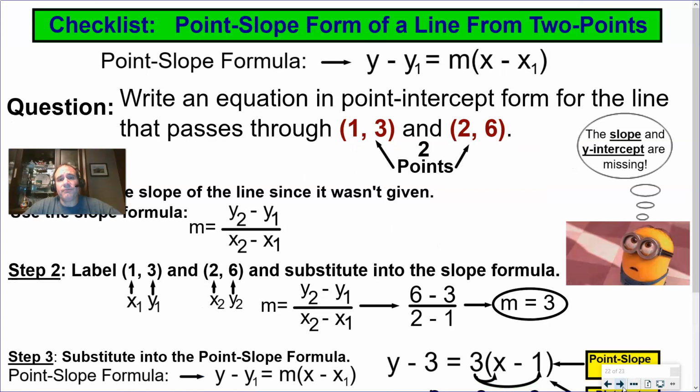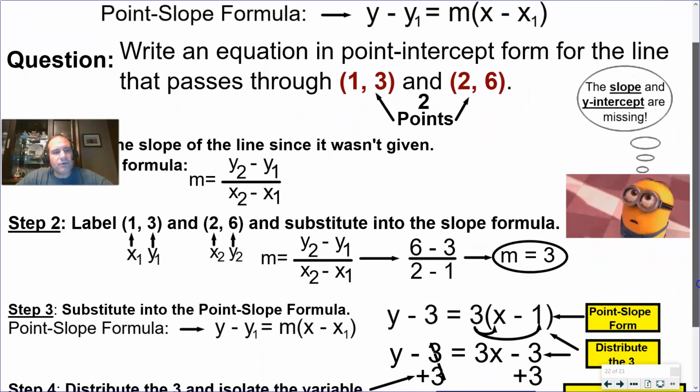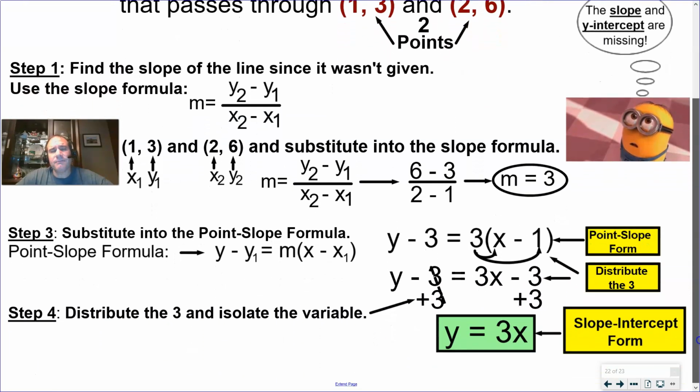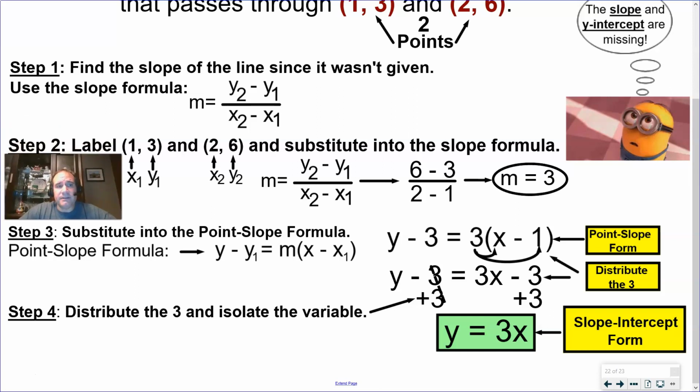And this is point slope form from 2 points. The steps are labeled here for you: step number 1, step number 2, step number 3. This is really how you do the whole problem. Step number 4, isolating. We put this together for you. This is a good thing to keep and to study how to do these problems.